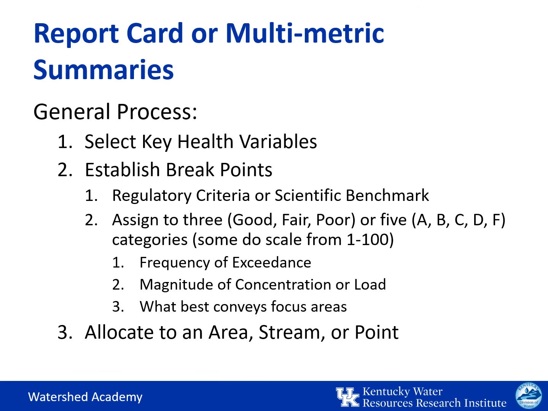Or sometimes people will use a scale from 1 to 100. And this can be done based on frequency of exceedance. It can be the magnitude of the concentration or the load. You have to look at what's going to best convey your focus area information. And then you're going to allocate this to an area, a stream, or a point.